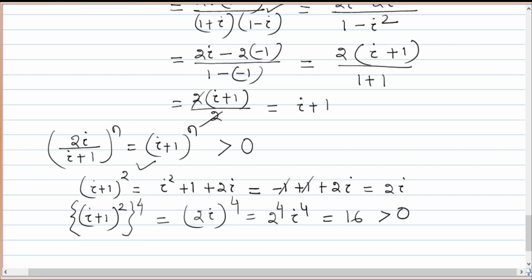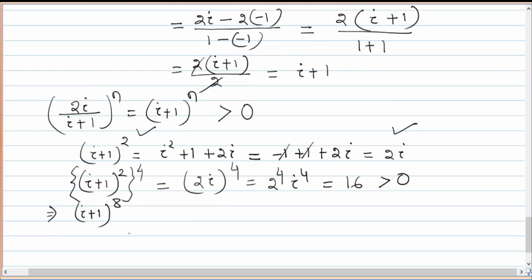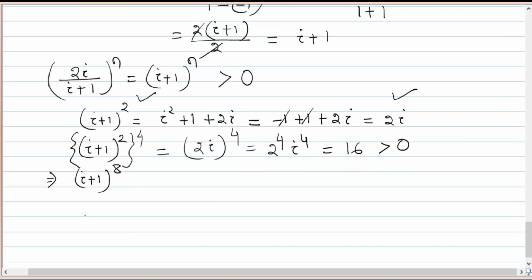If you take a smaller number, it will not work: i will not be 1, 2, 3, 4, whatever you take, it will not stay positive. So (i plus 1) whole square, whole to the power 4, that means (i plus 1) whole to the power 8. So the value of n for which this is greater than 0, the minimum value of n is 8.